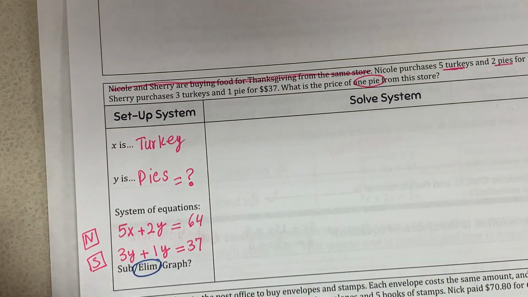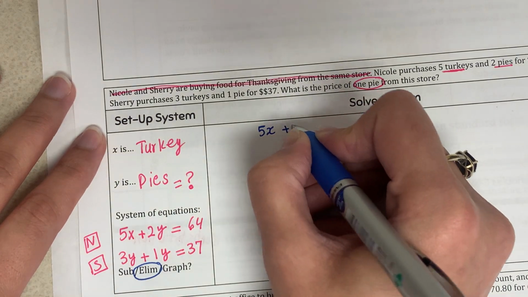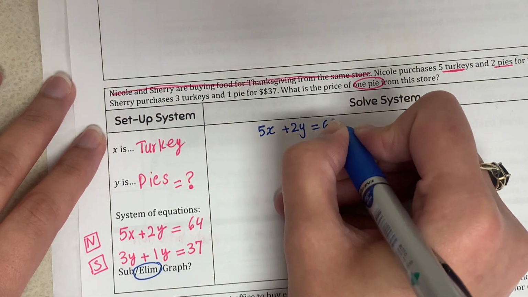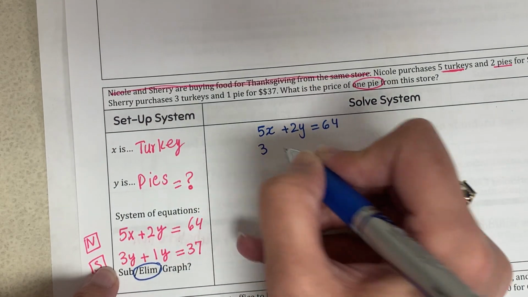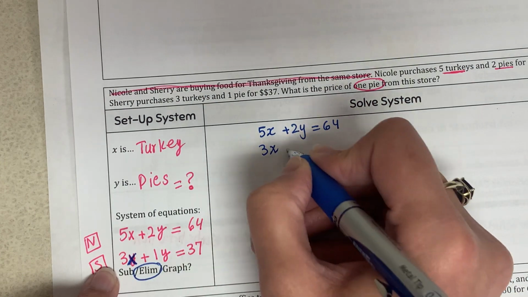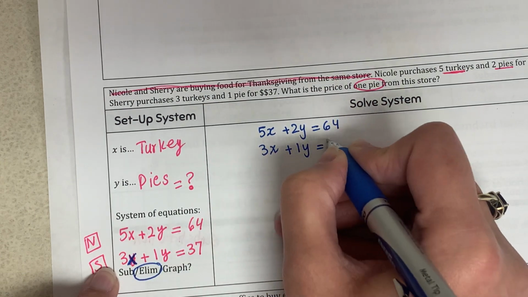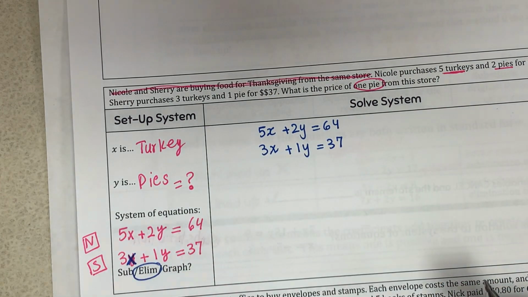So let me write down the equations over here. 5x plus 2y equals 64. And the second equation is, oh my bad, 3x plus 1y equals 37. So I do not have opposite or equal coefficients over here.